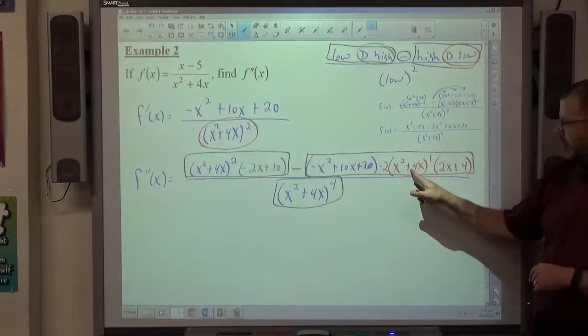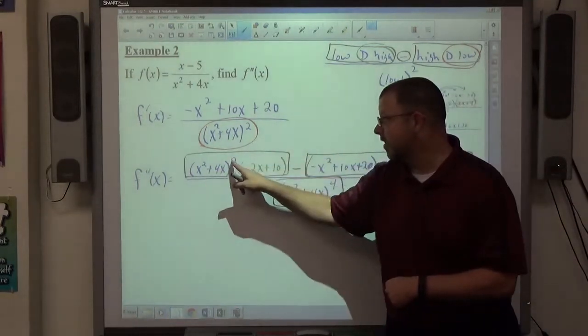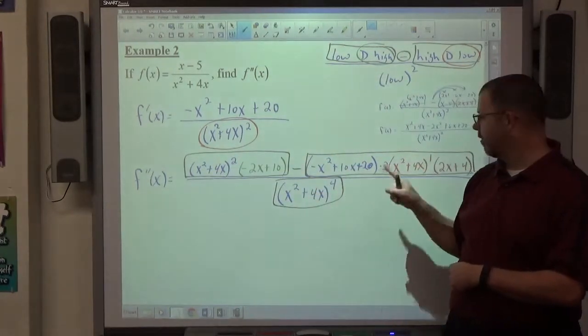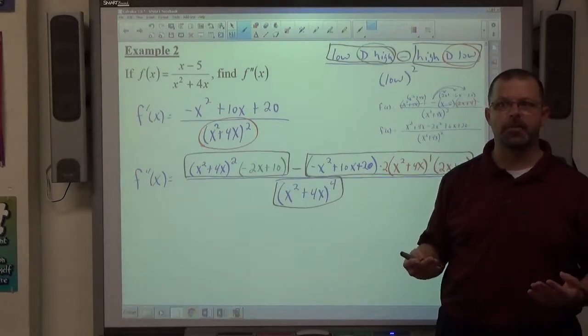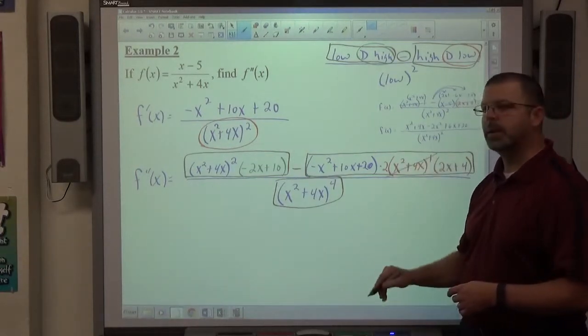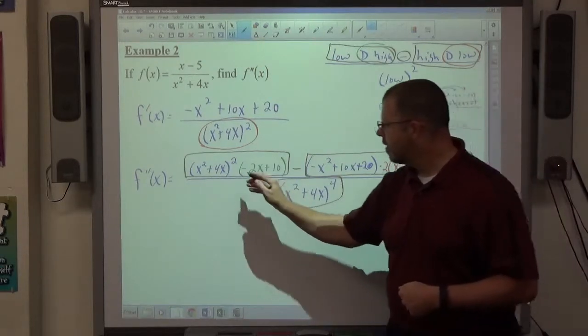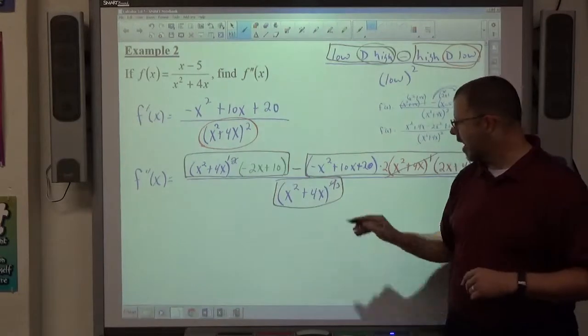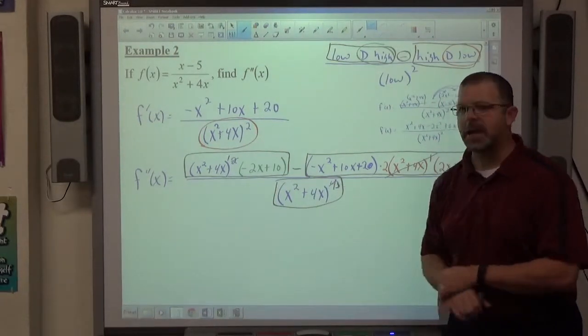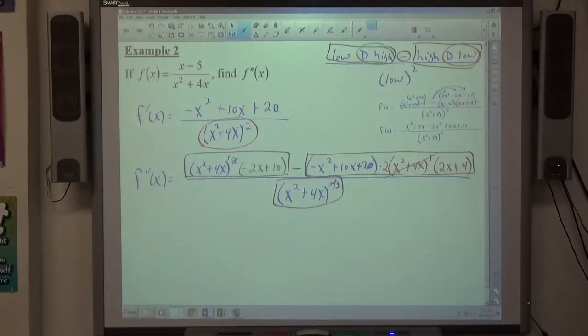Notice, x squared plus 4x, x squared plus 4x to the second, x squared plus 4x to the fourth. The lowest power there is 1, so I'm allowed to take an x squared plus 4x to the first off of every one of these. That makes this go away completely. This power drops by 1, this power drops by 1. That is legal, and it always happens when you're doing a quotient rule second derivative.